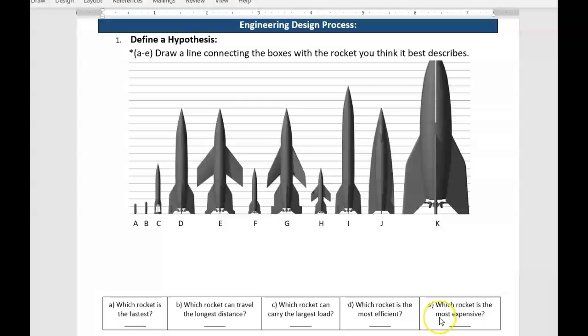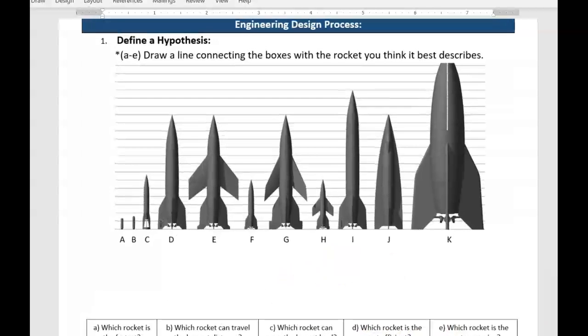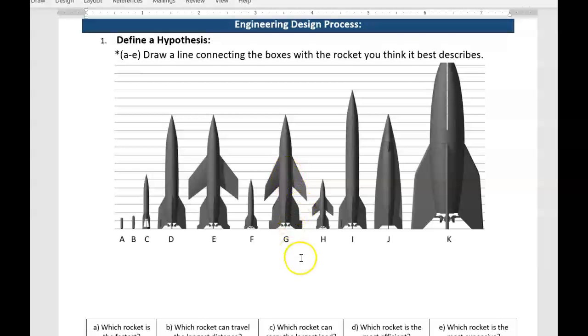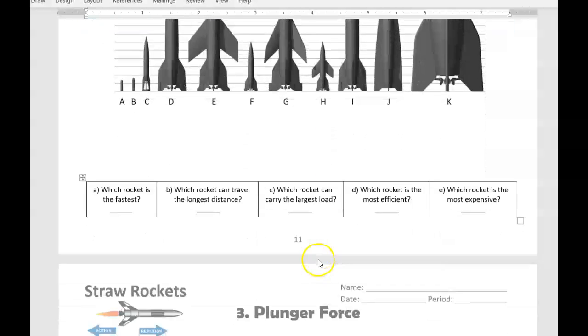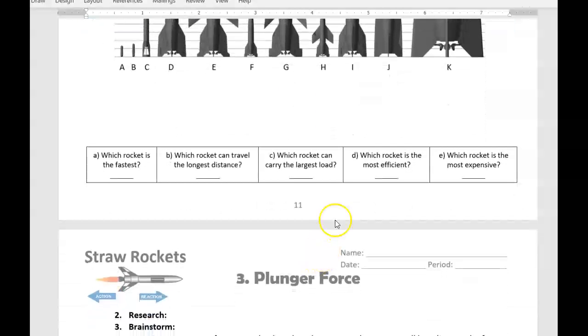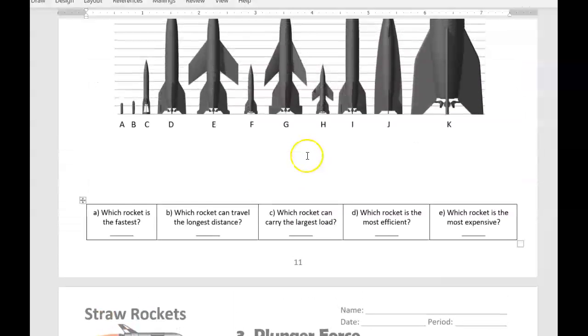So this is just some different things to think about in rocket design and different things that engineers have to think about too, because we have different objectives, like if they're going to the moon, or if they're just going to the outer atmosphere to release a satellite, or maybe they're just sending a rocket up into the sky to measure the temperature of, I don't know. I'm just making some things up here. So go ahead and figure out your guesses and see, you're not right or wrong unless you leave it blank.